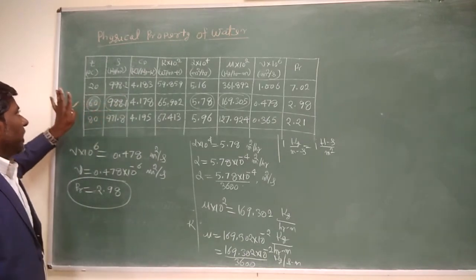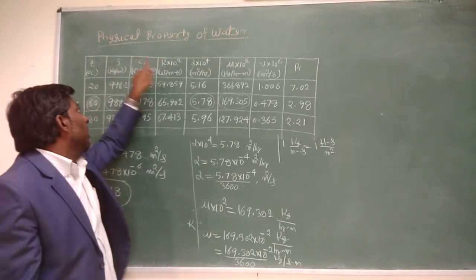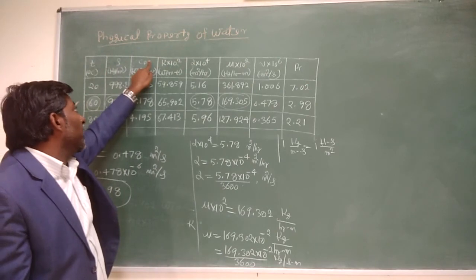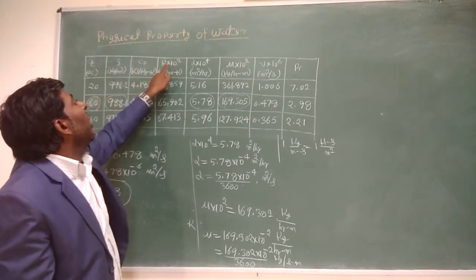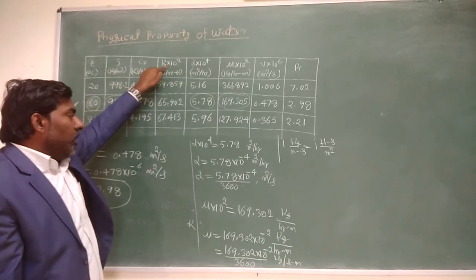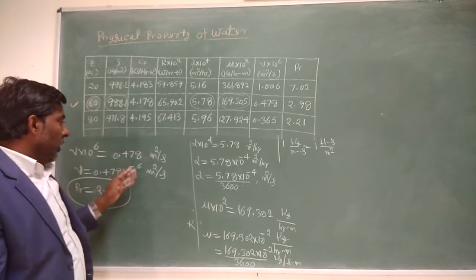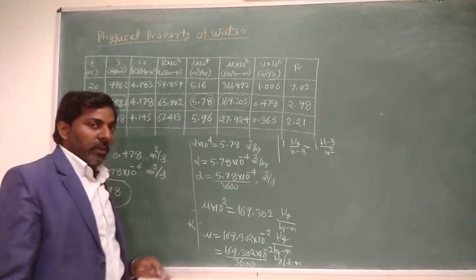So at 60 degrees centigrade, you have to see the unit and the multiplication factor. You also have to see what is multiplied with those physical properties. So in a very crystal clear manner, without any error, you can get the physical property and do the further calculation of the convection analysis.